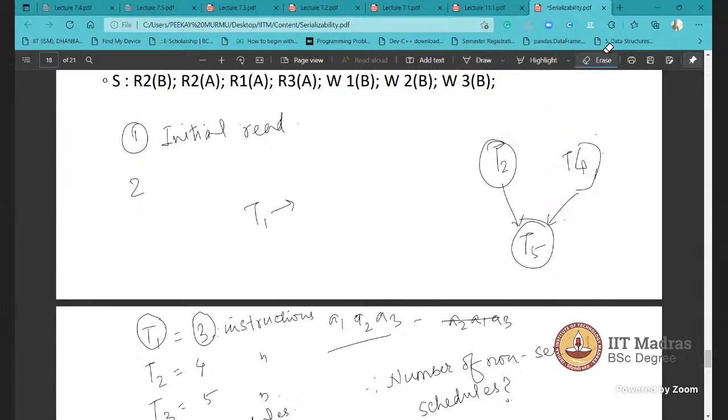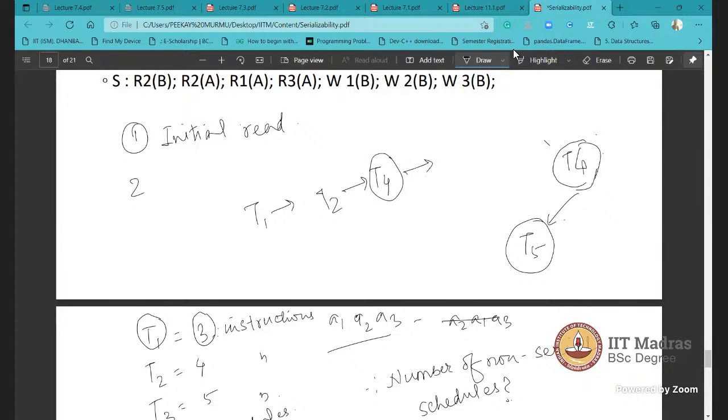Suppose we first go for T2, then remove it. Then we check whether there is an incoming edge or not. T4 has no incoming edge, so we choose T4.